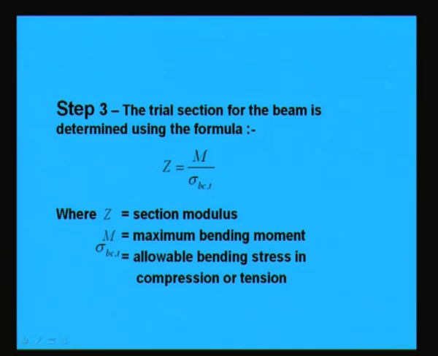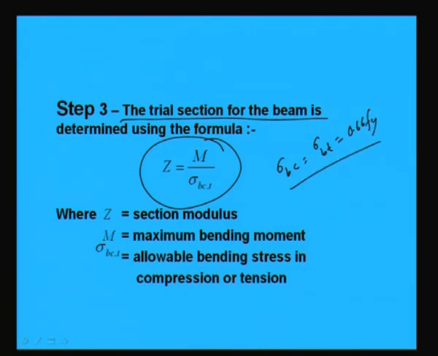The next step is we will try to find out a trial section, which we can find from this equation: the section modulus Z is equal to M by sigma BC or sigma BT, and here as the beam is laterally supported, sigma BC and sigma BT we know these are equal, and that is 0.66 Fy, right.